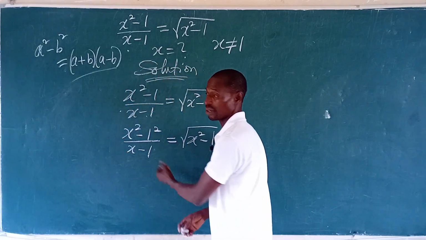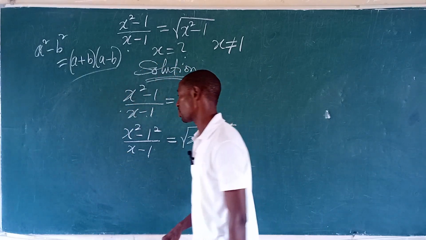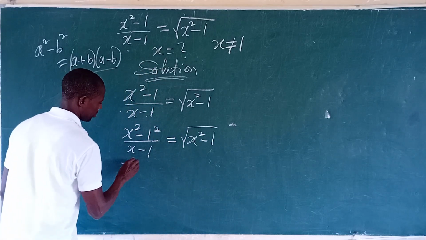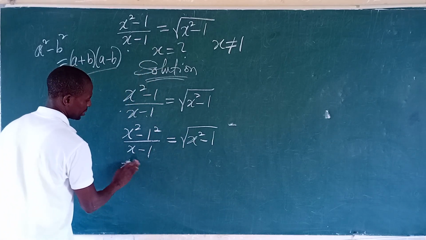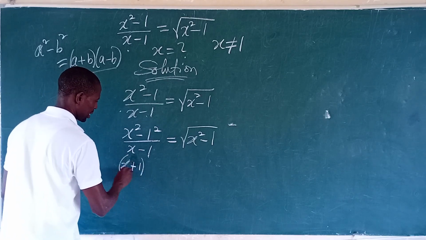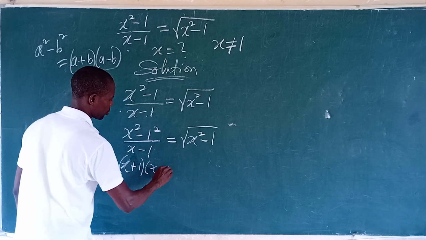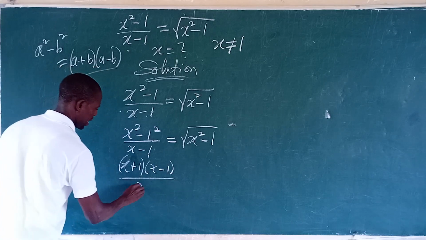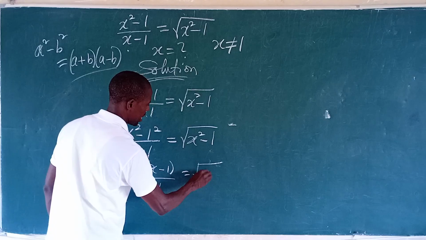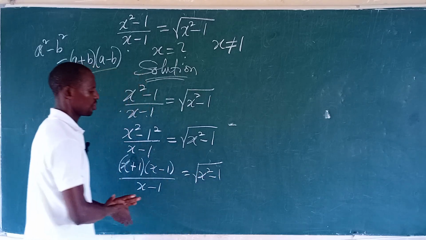Look at what we have at the bottom: we have x minus 1. So this is going to give us (x + 1)(x - 1), everything all over x minus 1, equal to the square root of x^2 - 1.